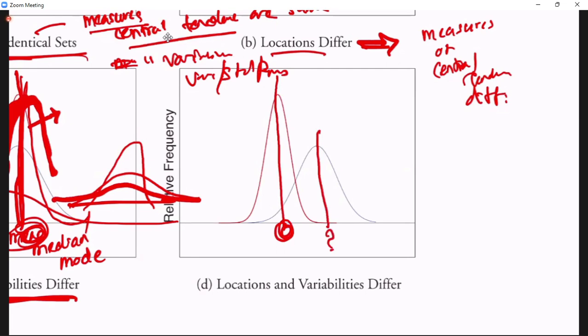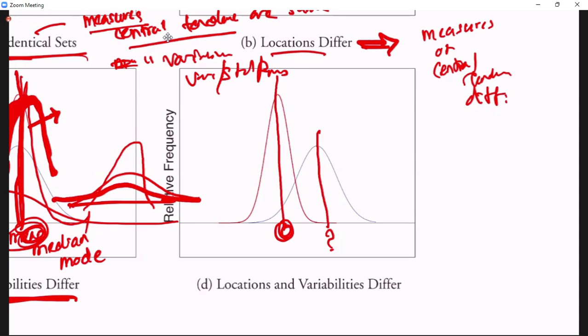Therefore, location is different. If you consider their shape of the distribution, shape is also different. They have different shapes.